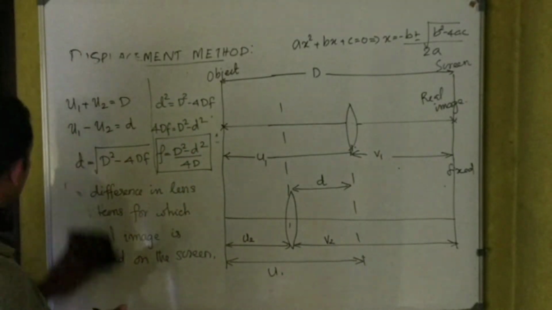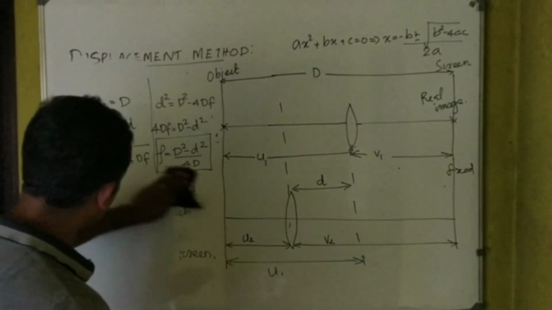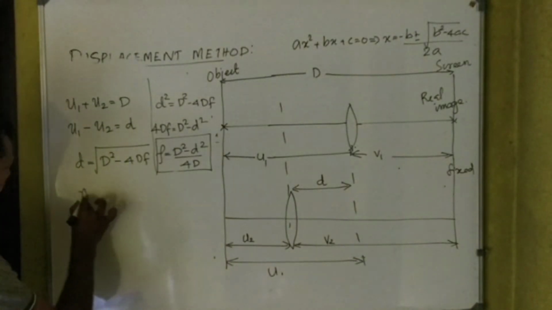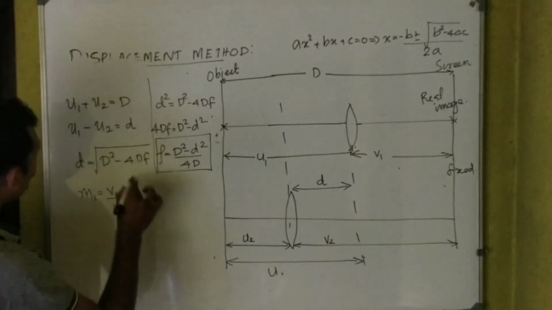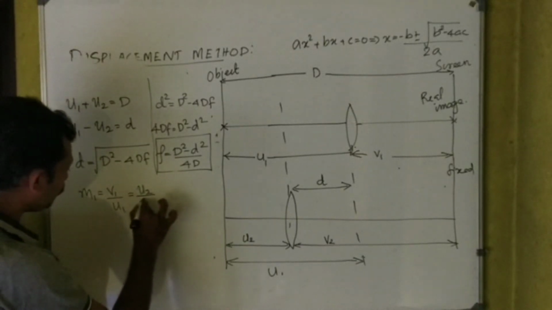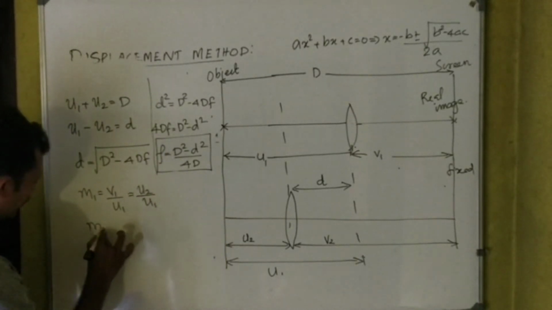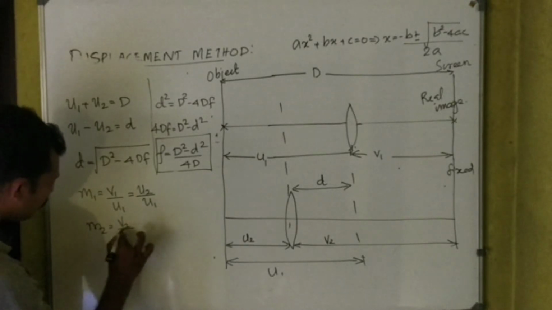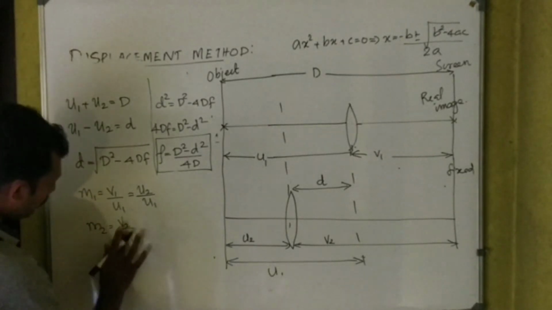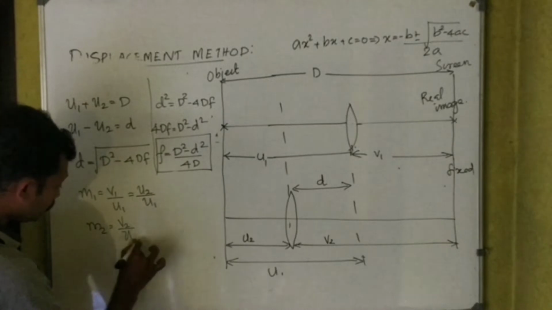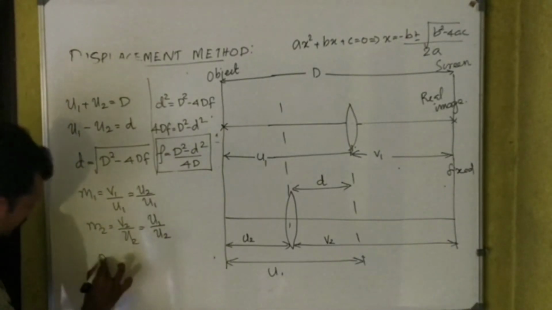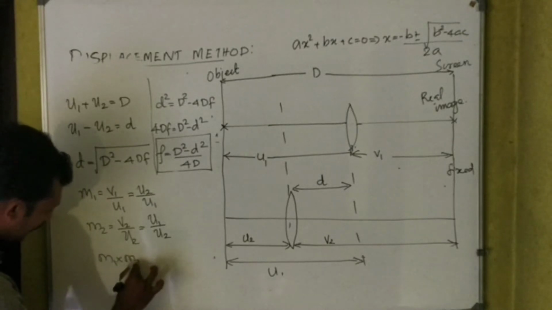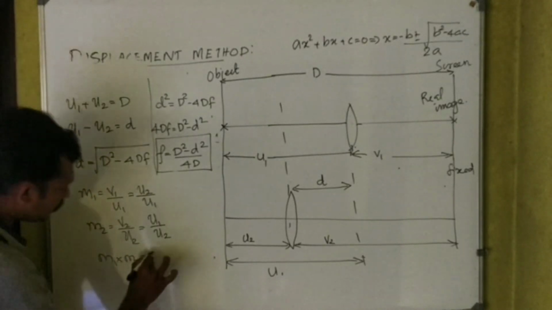And one more thing we have to say is the magnification. M1 is equal to v1 by u1. V1 is equal to u2, so this is u2 by u1. And magnification M2 is equal to v2 by u2, that is equal to u1 divided by u2. If you just multiply M1 and M2, you will get the answer equal to 1.